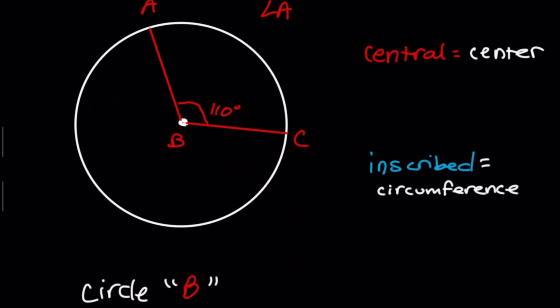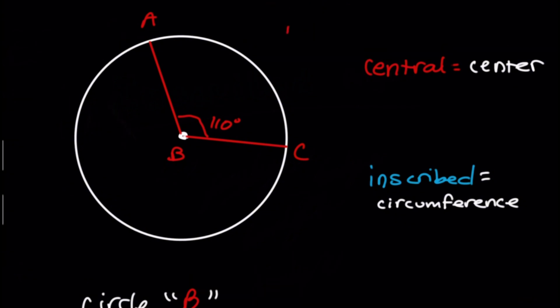Naming an angle ABC is a central angle because it goes through and touches the center, and it also equals 110 degrees. But what if they're asking for arc AC? Well, because it's a central angle, the angle will equal the arc.